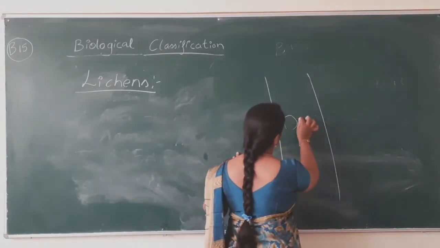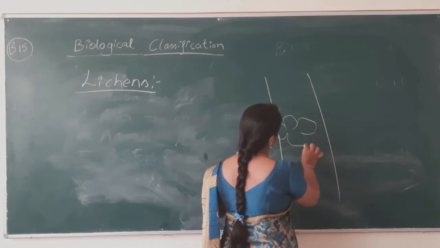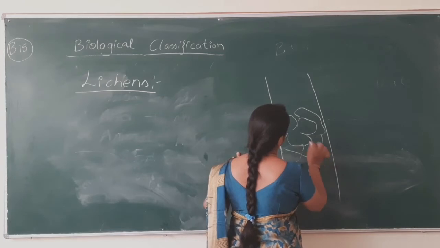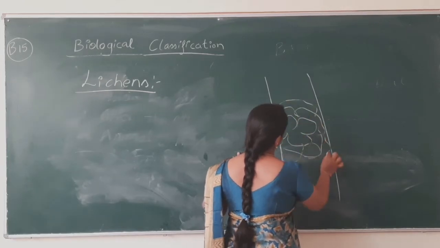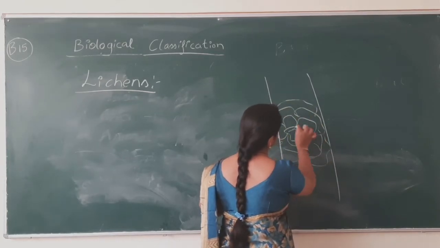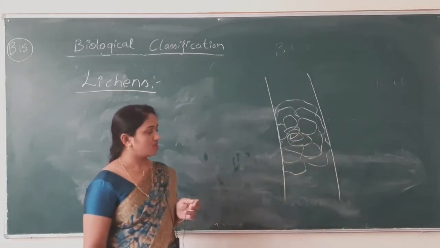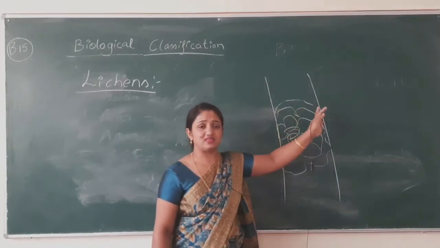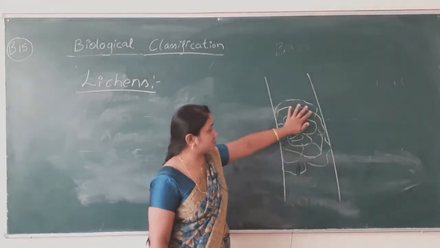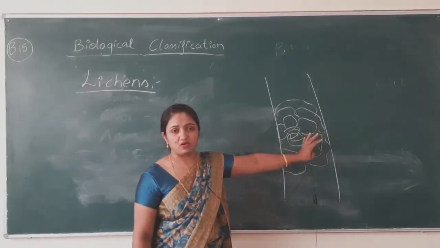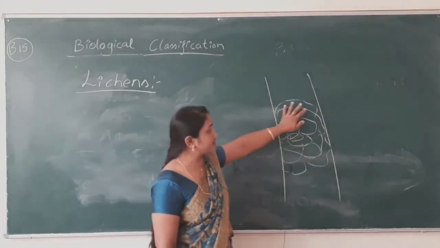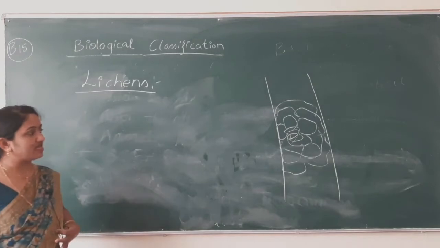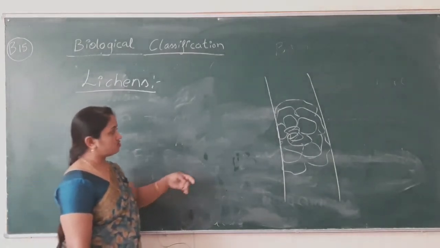How does it look? Somewhat it looks like this. It doesn't have any color. It appears gray, brown or cream color. I'll show you how the lichens look when you come to the college.